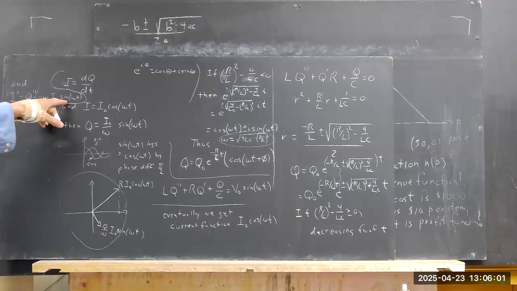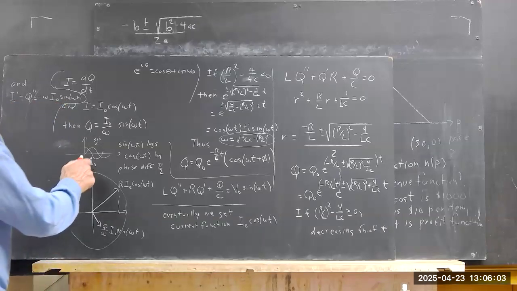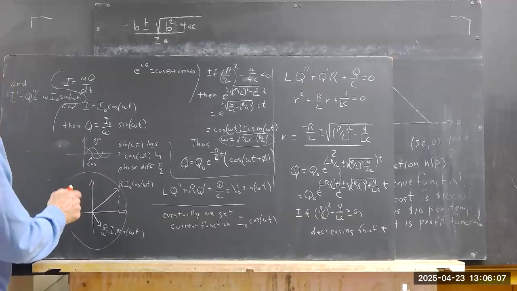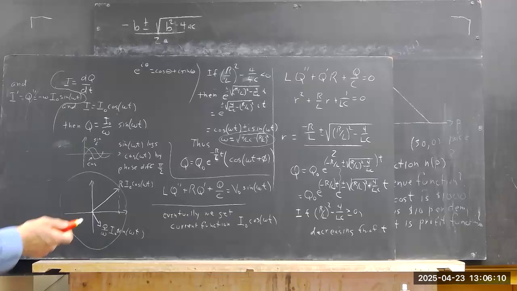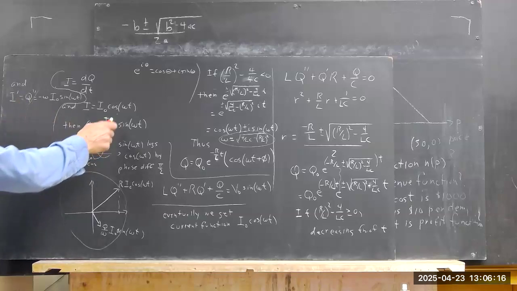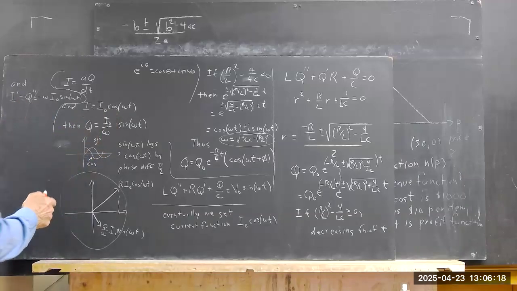Negative sine of omega t has a graph that is the reflection of the sine, and it's 180 degrees the cosine.